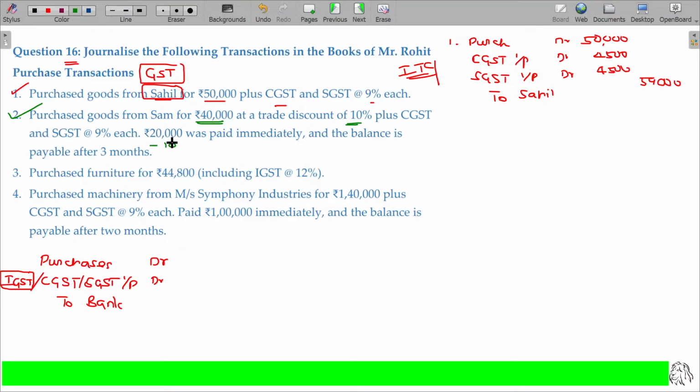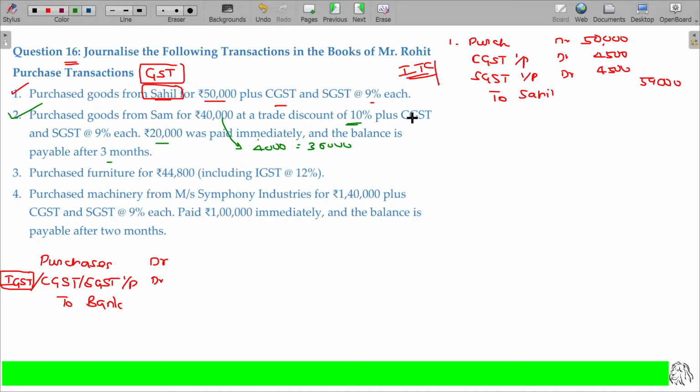Trade discount of 10% should be removed first. So 40,000 rupees, for that 10%, 4,000 will be subtracted, giving 36,000. 20,000 was paid immediately and the balance payable after 3 months. After purchasing, immediately 20,000 is paid, and the balance will be payable later on.